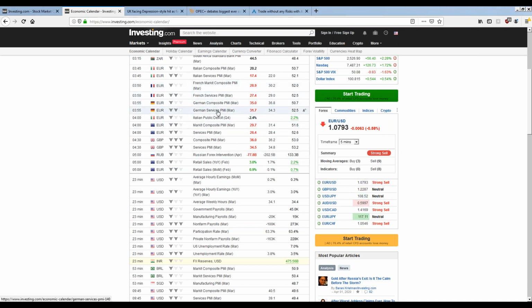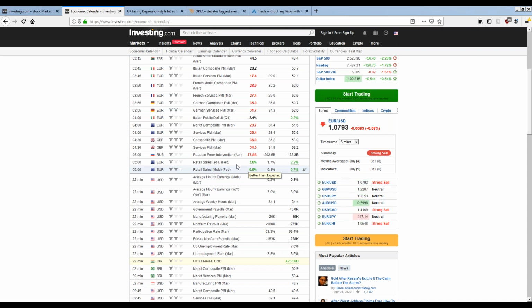But PMI numbers, that's Purchasing Managers Index, which gives a good grasp of what the economy's doing if purchasing managers are increasing or decreasing the amount of purchasing. And the numbers were all in the red for the most part. Retail sales were up on these announcements, but it makes sense because a lot of people running out and stocking up on items because of this coronavirus.